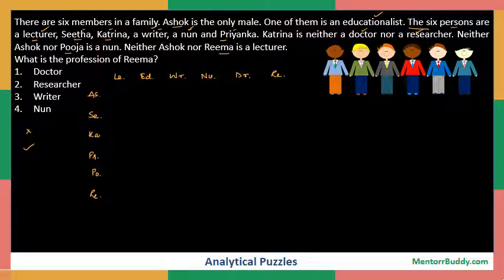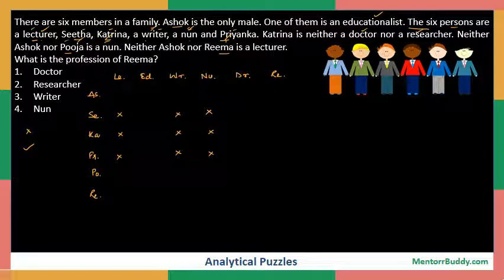So definitely these names cannot have the professions listed beside them. So Sita, Katrina, and Priyanka cannot be lecturer, writer, and nun. In front of Sita, I'm going to put a cross. She cannot be a lecturer, a writer, or a nun. Same is true for Katrina, and the same applies to Priyanka as well.